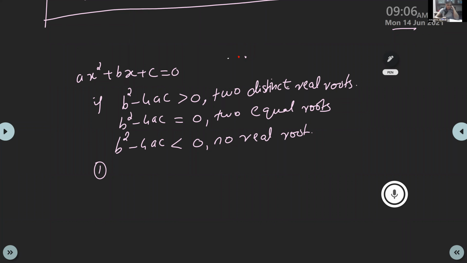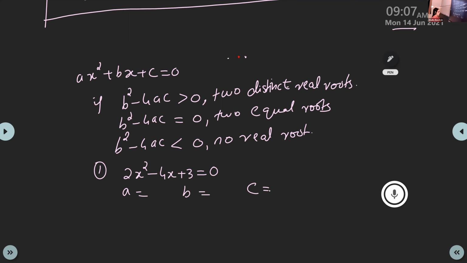Okay. So first equation is 2x square minus 4x plus 3 equal to 0. Here we have a equal to what?